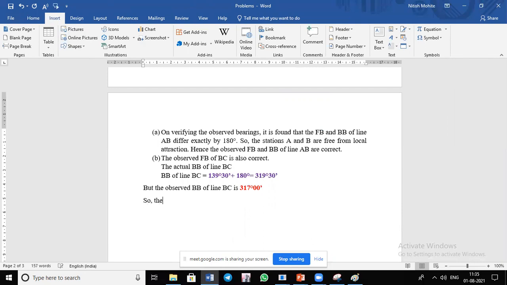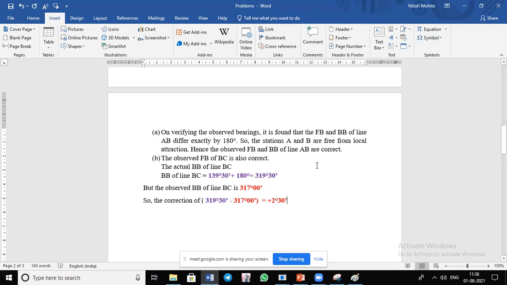So the correction, this value minus this value, comes out after calculation to be plus 2 degrees 30 minutes.